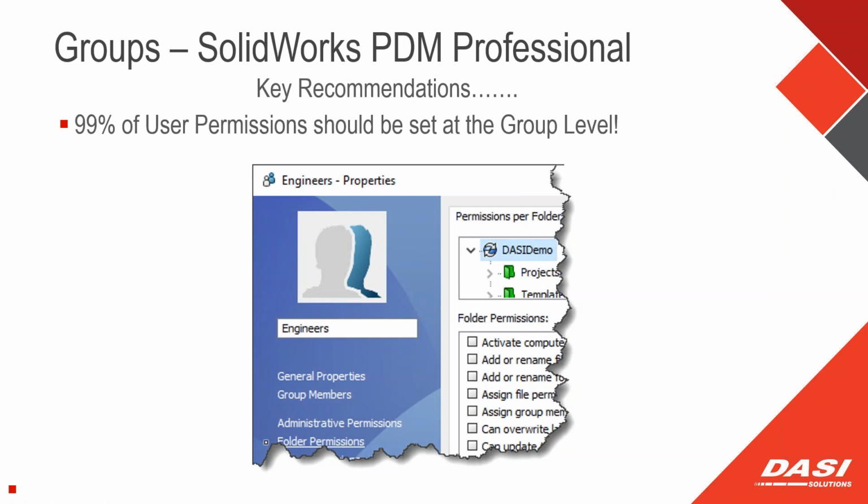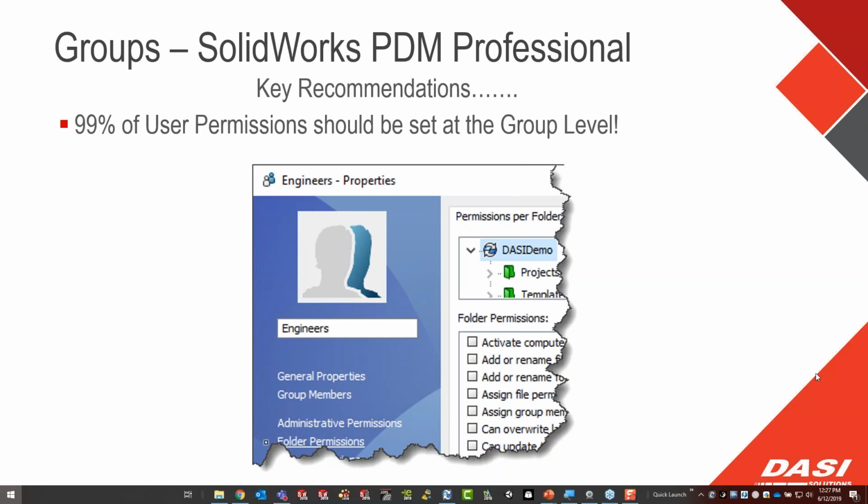And the reason is because it's a lot easier to manage at that higher level. Dealing with 100 people and having to set 100 sets of individual checkboxes when it comes to permissions, you're going to miss something. Somebody is going to have something different than other people. Yet when it comes to groups, it's very easy to throw a person into multiple groups and then simply have them have a hybrid of the capabilities that those groups allow.